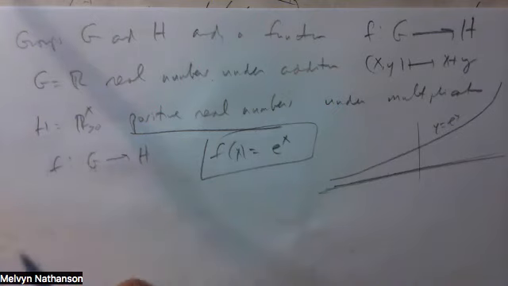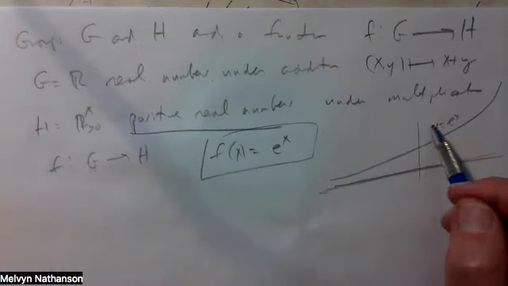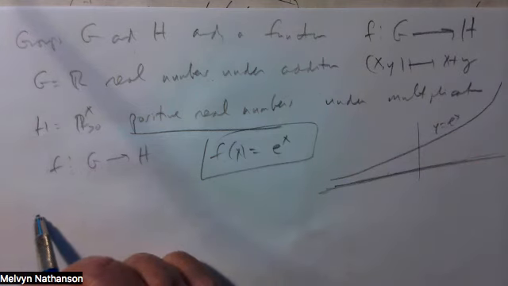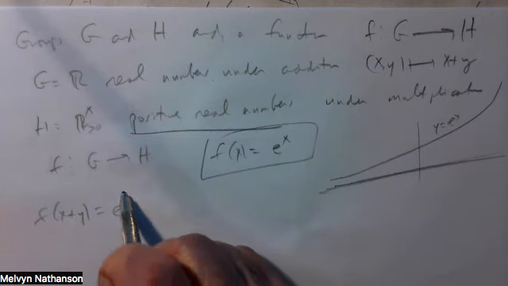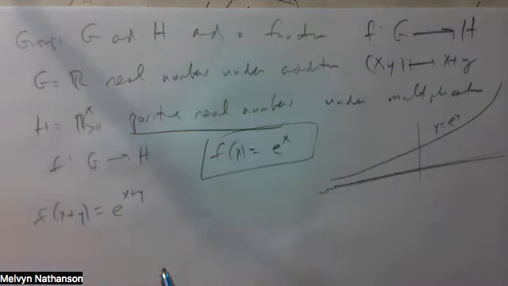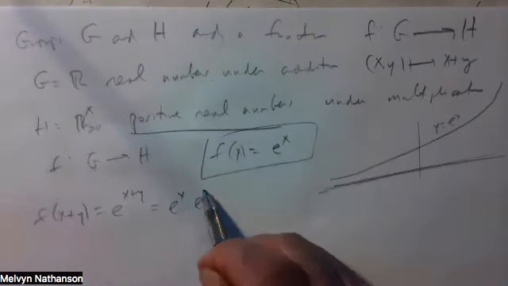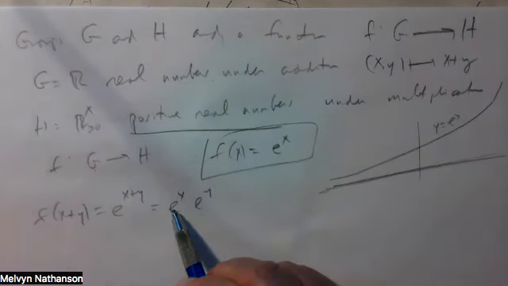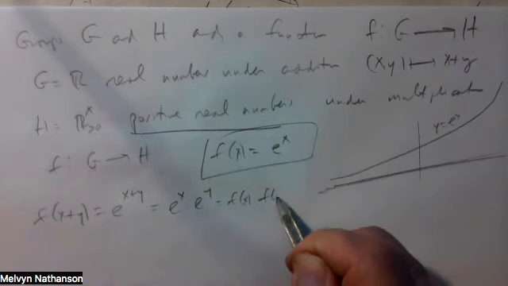In G, if you have two numbers x and y, you can add them. So what is f of x plus y? That's e to the x plus y. But you learn the rules of exponents. This is e to the x times e to the y. And e to the x is f of x, and e to the y is f of y.